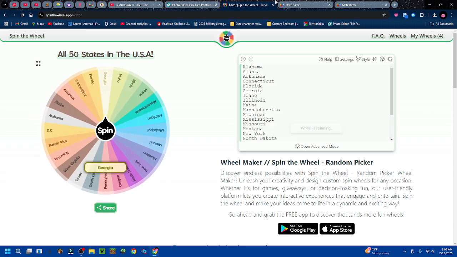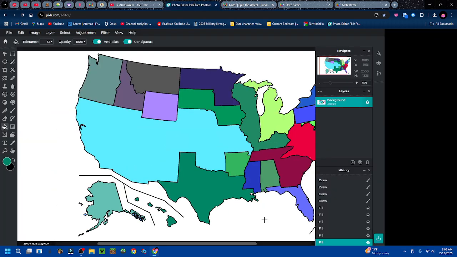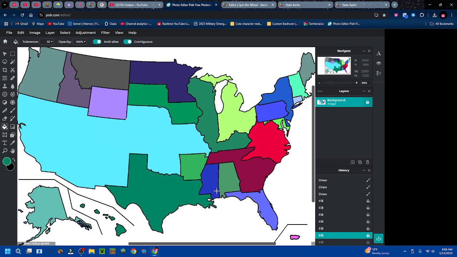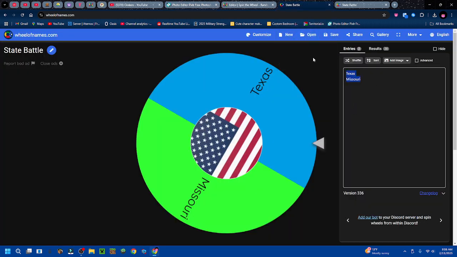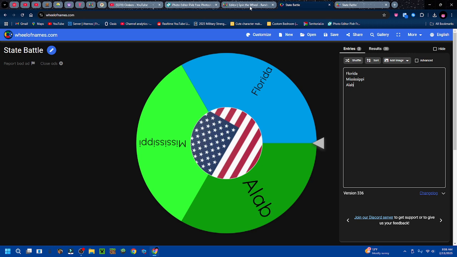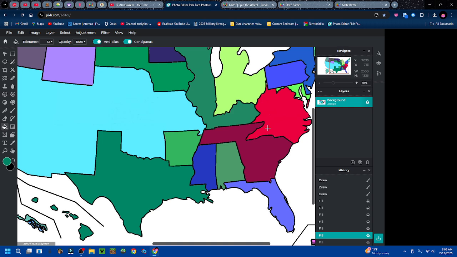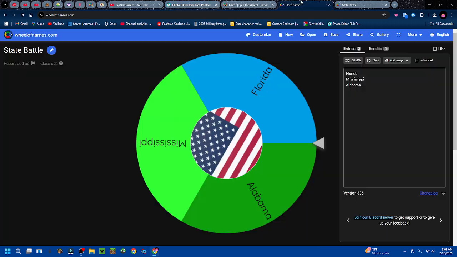Georgia going up. Who is Georgia going to be attacking? They could attack... Oh no. They could attack Florida, Mississippi, Alabama, Illinois. Well, they have a lot of borders. So Florida, Mississippi, Alabama, and they border West Virginia, Illinois.